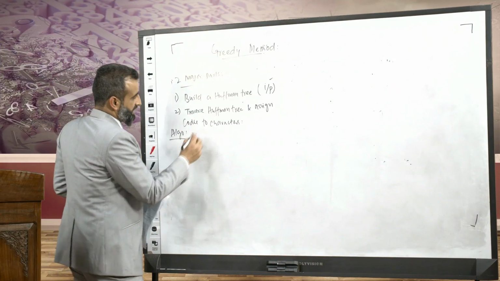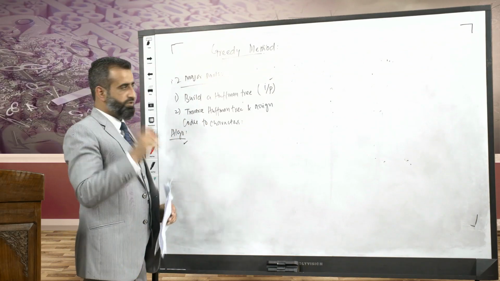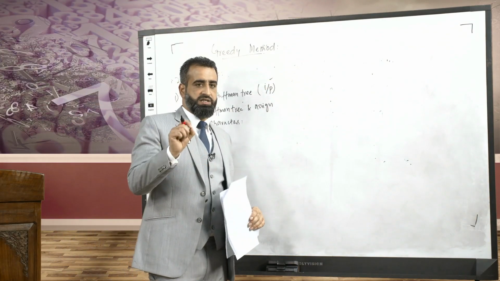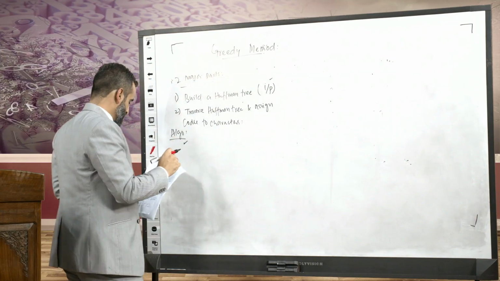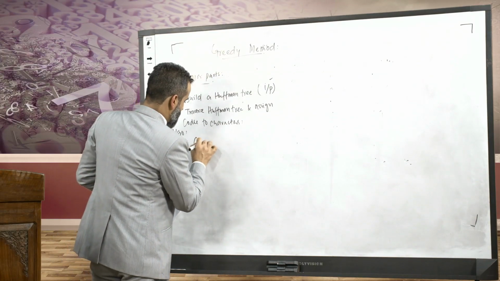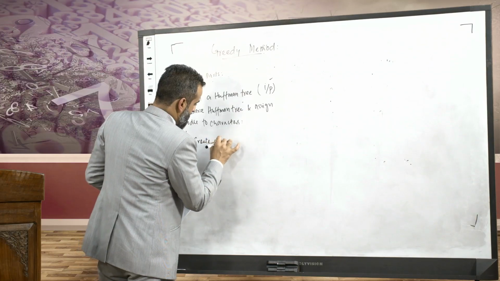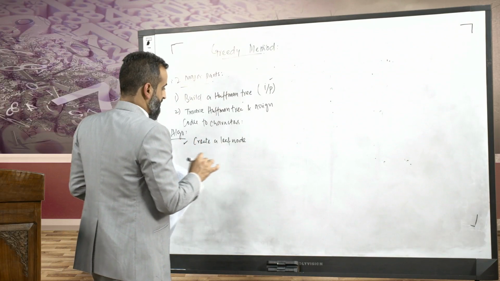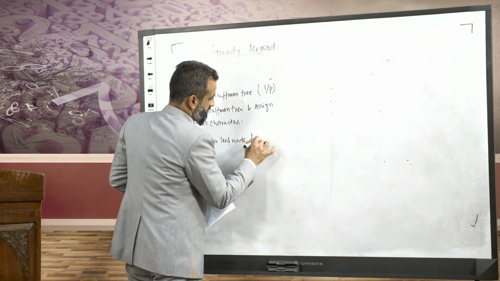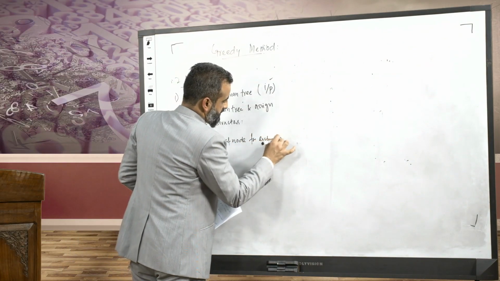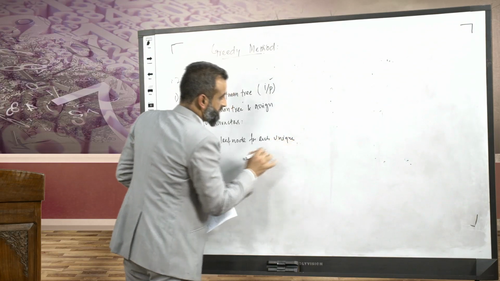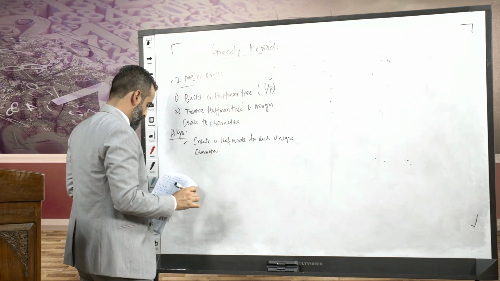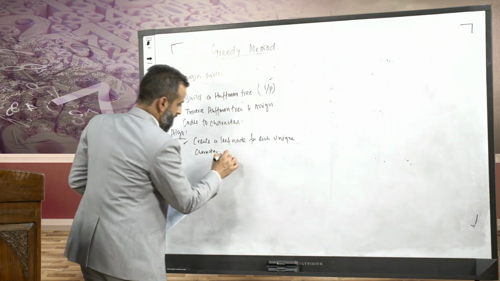One, for every single leaf node, say I had an A, B, C, D and F, for every single unique character, we will be using one leaf node. So step 1 will be creating a leaf node for each unique character, and also we'll be creating a minimum heap.